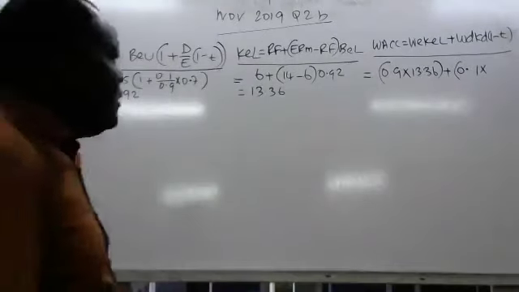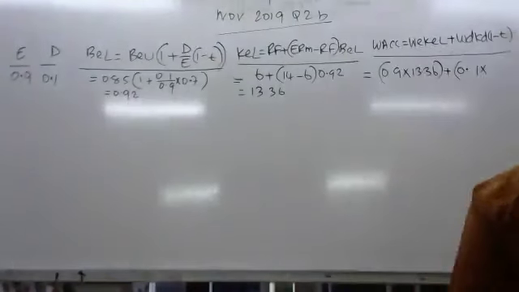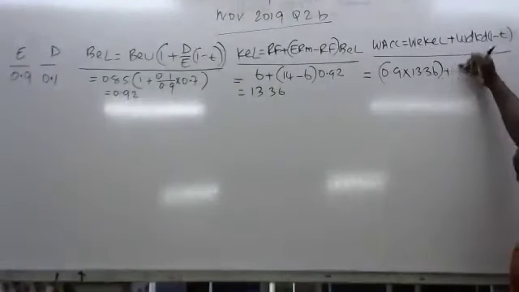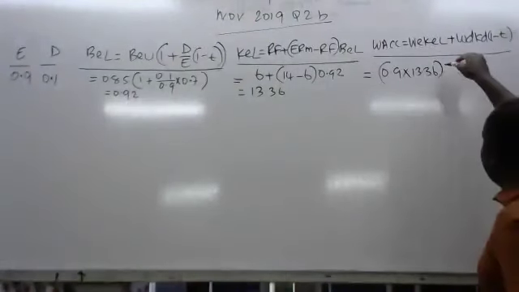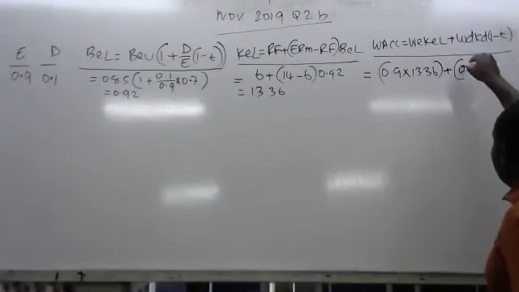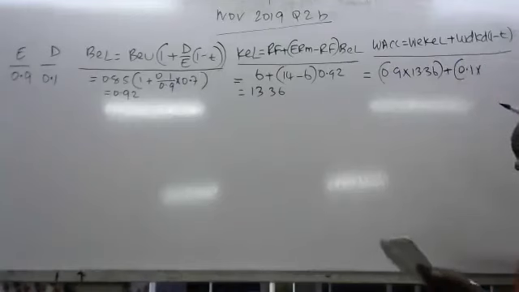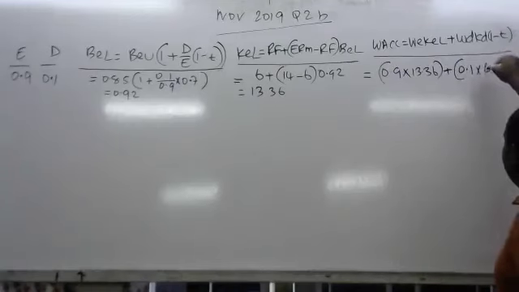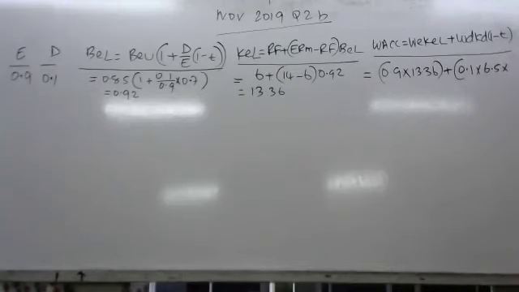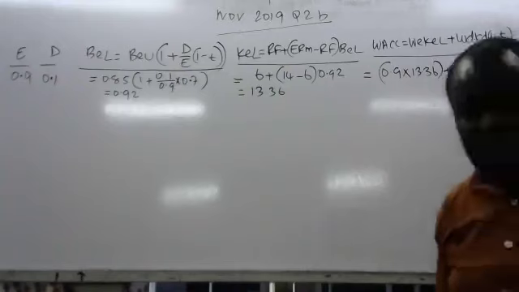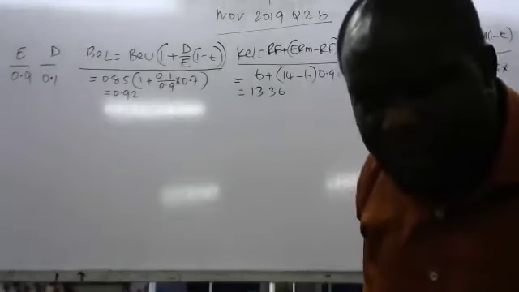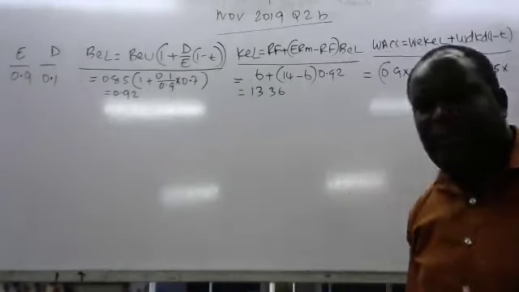So when we multiply by KD, we have been given which figure? It is 6.5, but we also multiply by 1 minus the tax rate.